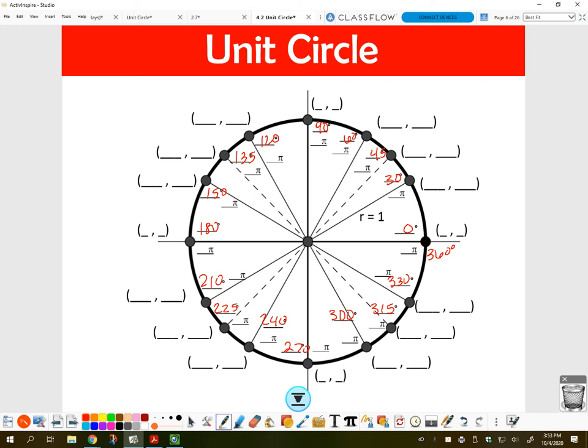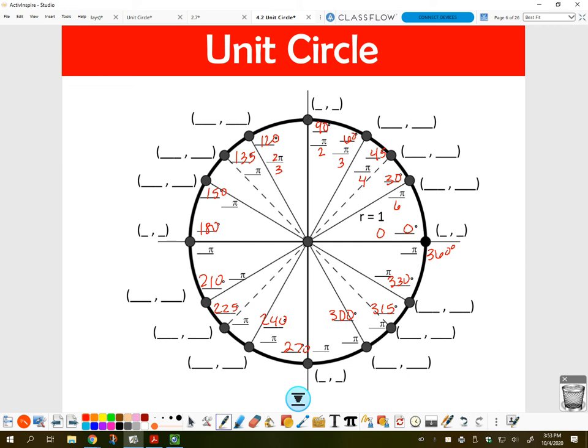Alright, so on your radians, you should have 0 radians here, so you should have a 0. And we have pi over 6, pi over 4, pi over 3, pi over 2. Then 2 pi over 3.